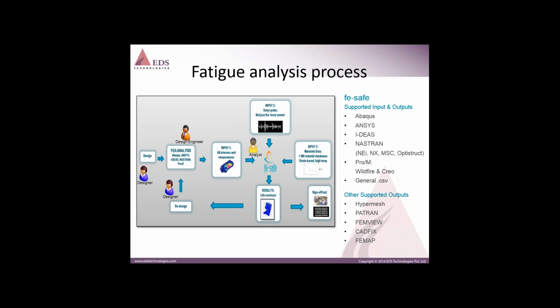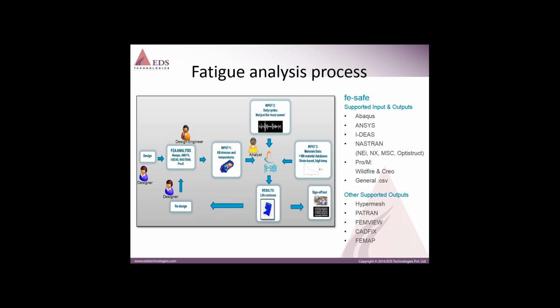And FE-SAFE mainly needs three key inputs. One being your result file of the FE analysis, second one being your duty cycle, and third is material data. This material data is very, very crucial, whereas as I already told you, our loading is also crucial, and the accuracy of this FE analysis result also matters.